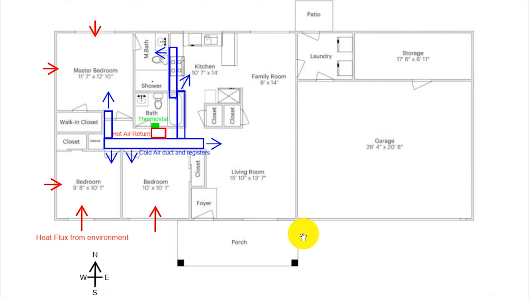The main areas, that is the kitchen, dining room, and living room, and the hall, all do pretty well because they have an unobstructed path to the hot air return. The bedrooms, both the master, the southwest, and the 10x10, do not do so well because there's not a sufficiently large pathway for the air in the bedrooms to get back to that hot air return in the hall.